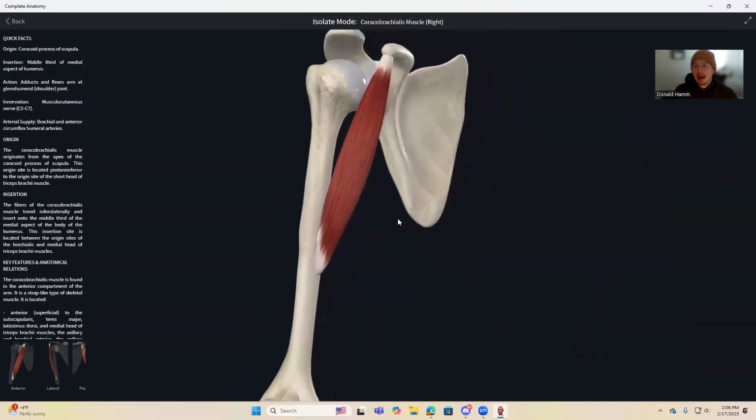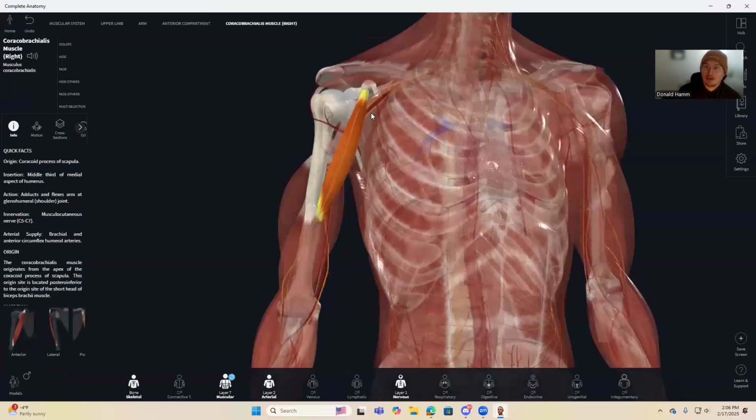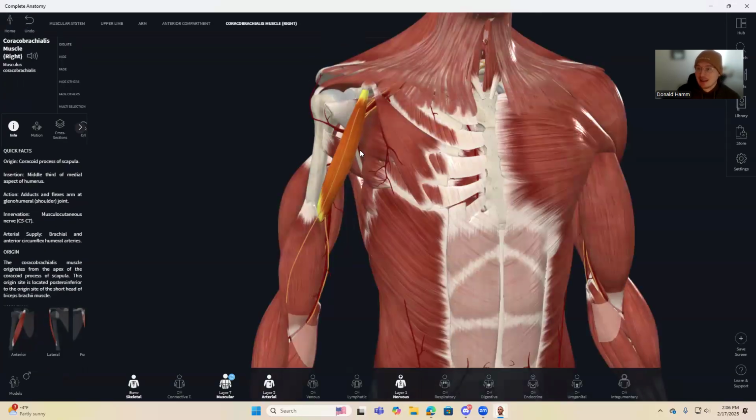And for a muscle to have an action at a joint, it has to cross a joint. So this one does not. What joint does it cross? It crosses the shoulder joint, so it can help us with shoulder flexion and adduction as well. However, this muscle does not cross the elbow joint. That is a bait question they like trying to trick you on in labs. If I tag this muscle right here and I give you an option that says, what does it do?